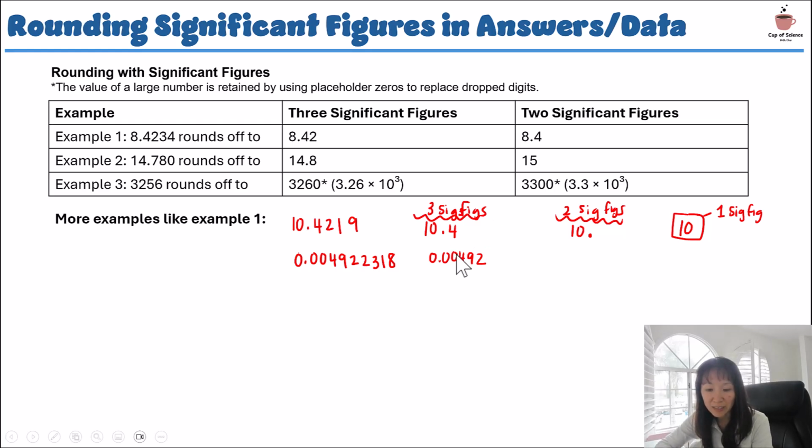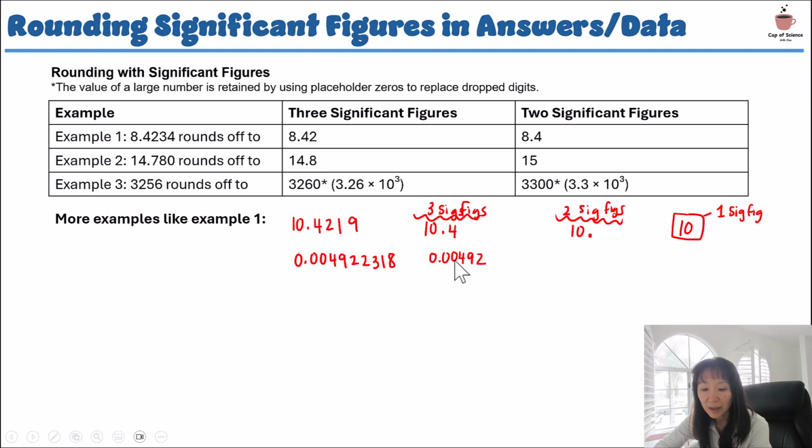That makes it 3 sig figs, because those leading zeros are not sig figs. We can't count them as significant, so we need to include this plus the 3 numbers after. We'll do another example, don't worry.